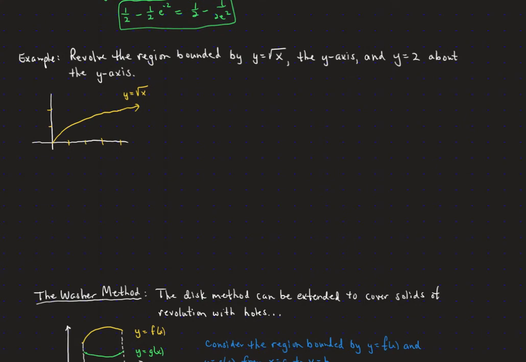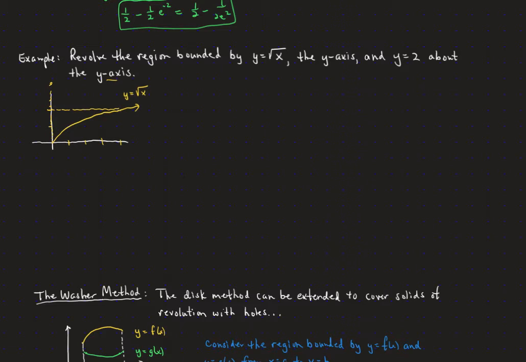Let's revolve the region bounded by y equals square root of x, the y-axis now. So we're going to now use our y-axis as a boundary, and y equals 2, which is going to come through here, and we're going to revolve that about the y-axis.